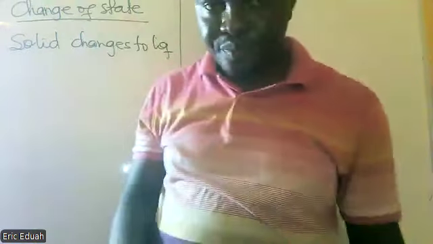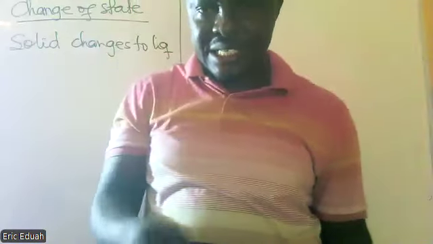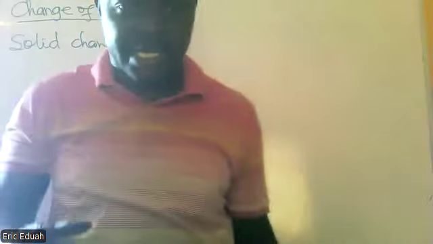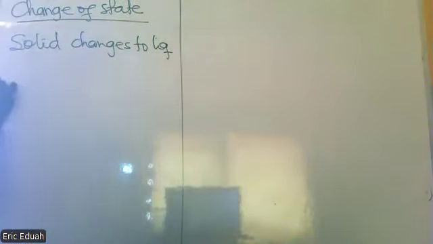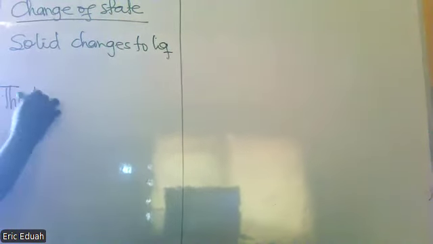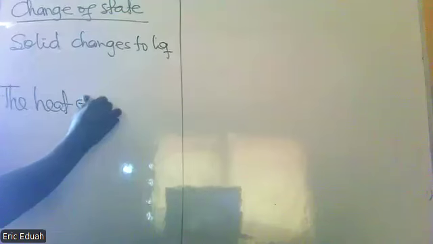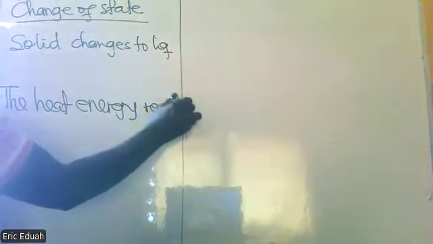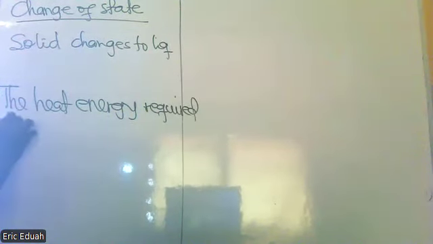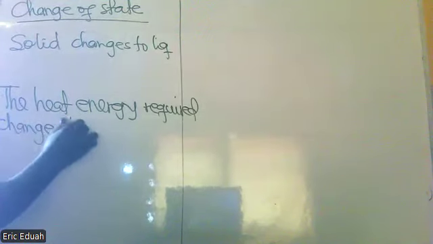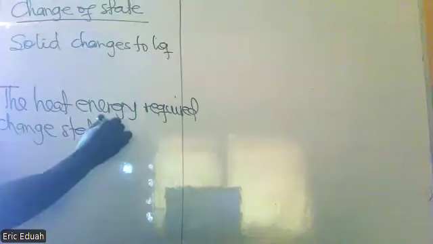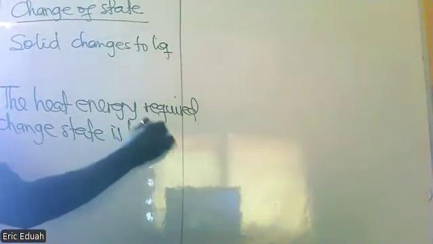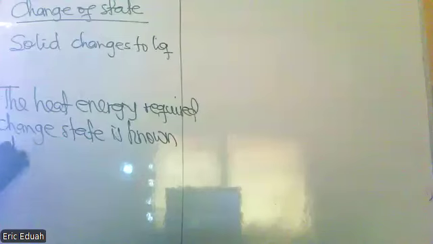All right. So that is it. Now, for change of state, there must be a certain amount of heat energy that must be absorbed. This heat, the heat energy required to change state is known as latent heat.